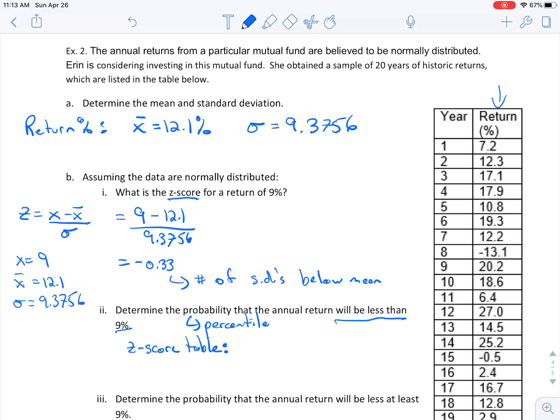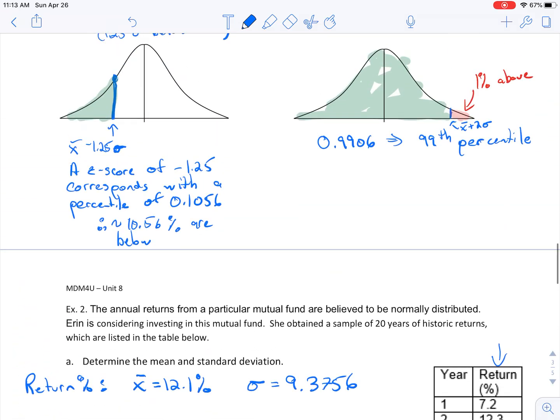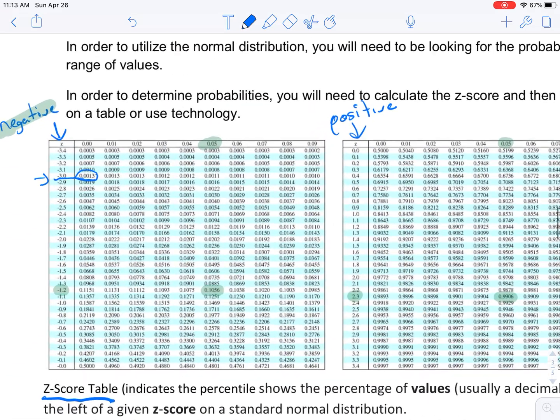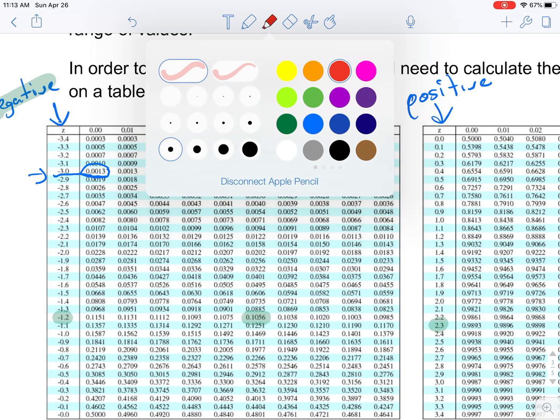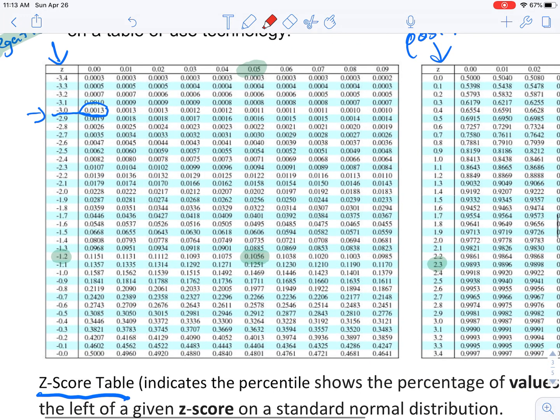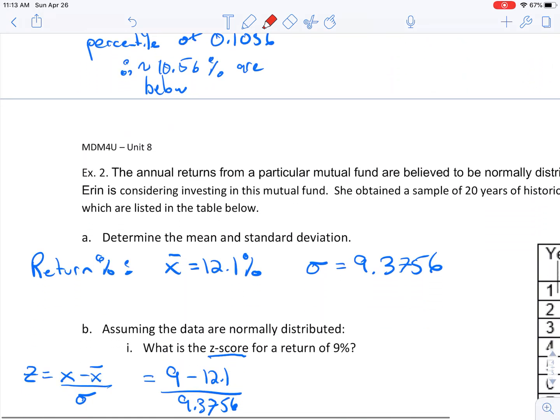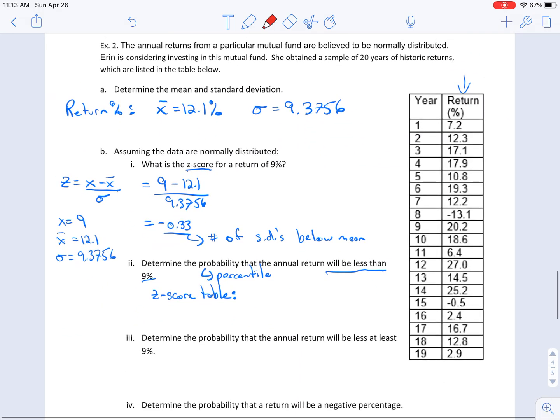So if I go to my z-score table, I'm going to go up, and we want to use the z-score of negative 0.33. So negative 0.33, there's negative 0.3, and there's my value for negative 0.33, which is 0.3707.